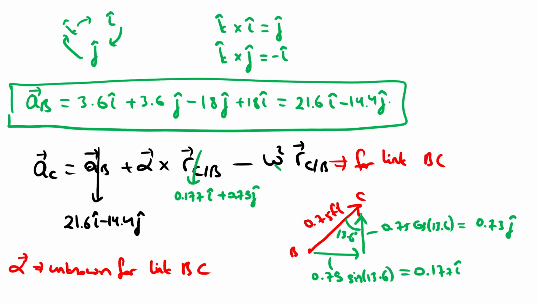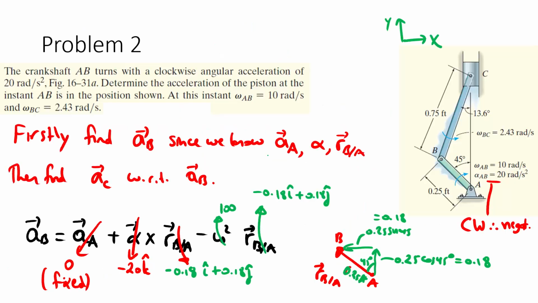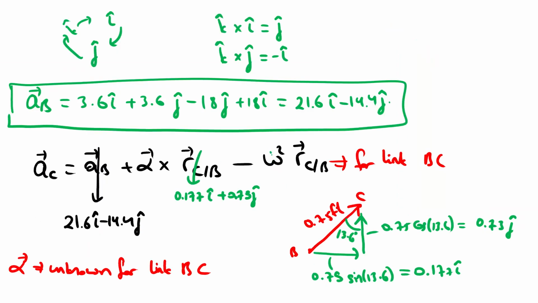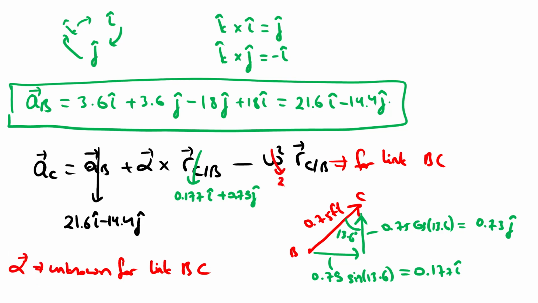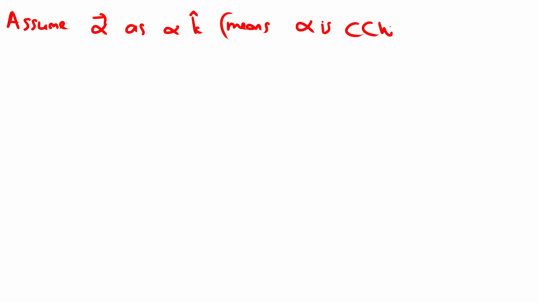So for omega squared, let's check it. It is given for BC as 2.43, so 2.43 squared. The r of CB is exactly the same as here. Alpha is unknown, so we will assume alpha k, which means alpha is counterclockwise for link BC.